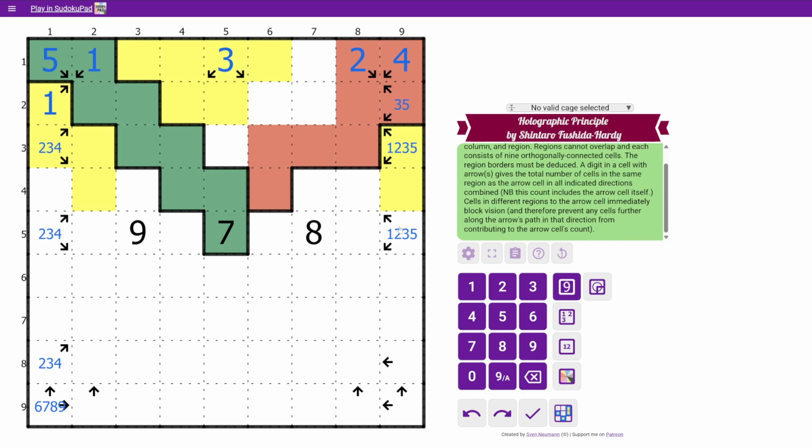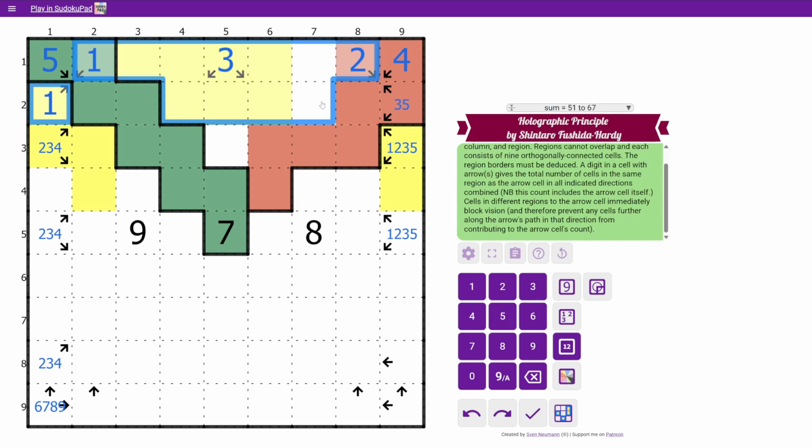And now, oh yeah, that was yellow, because that was its minimum. And then if we start thinking of Sudoku, we can see that the ones are blocking those 2 rows, right?